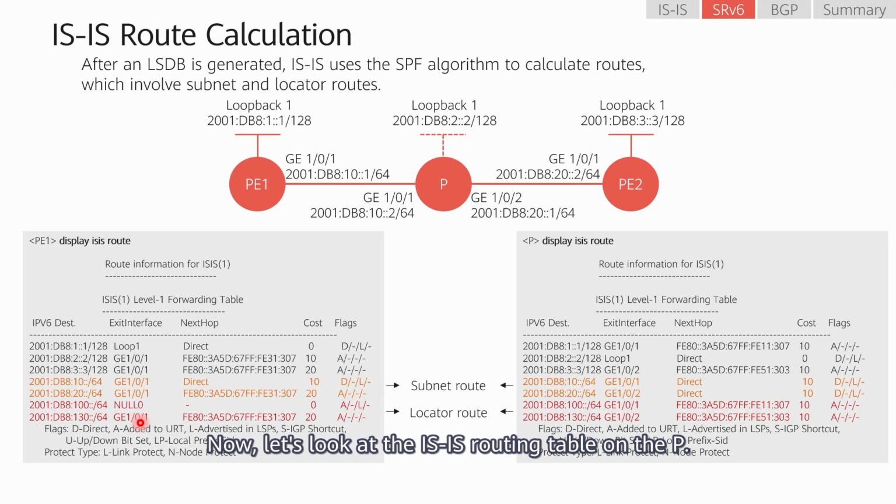Now let's look at the IS-IS routing table on the P. The table shows that SRv6 routes are generated even though SRv6 is not configured on the P. This explains why SRv6 capable devices can be deployed together with common IPv6 devices.